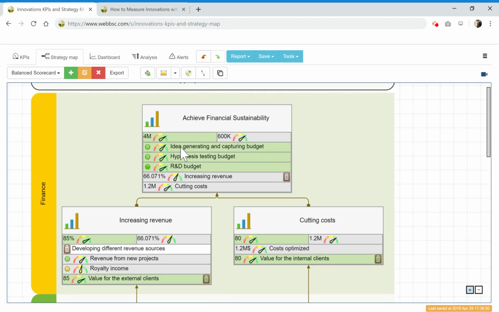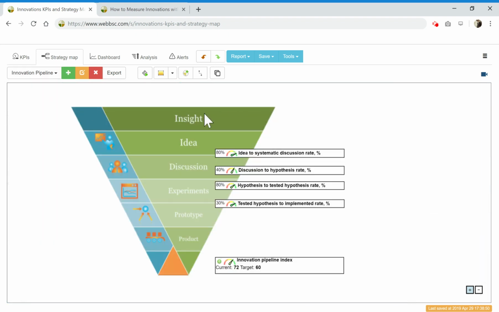Here we have some more leading goals that help us to make this innovative pipeline quicker and more effective.